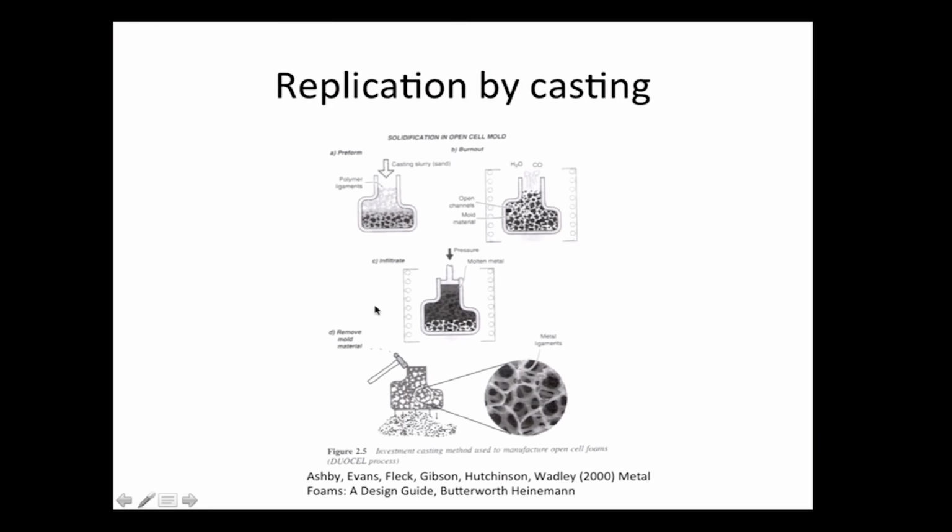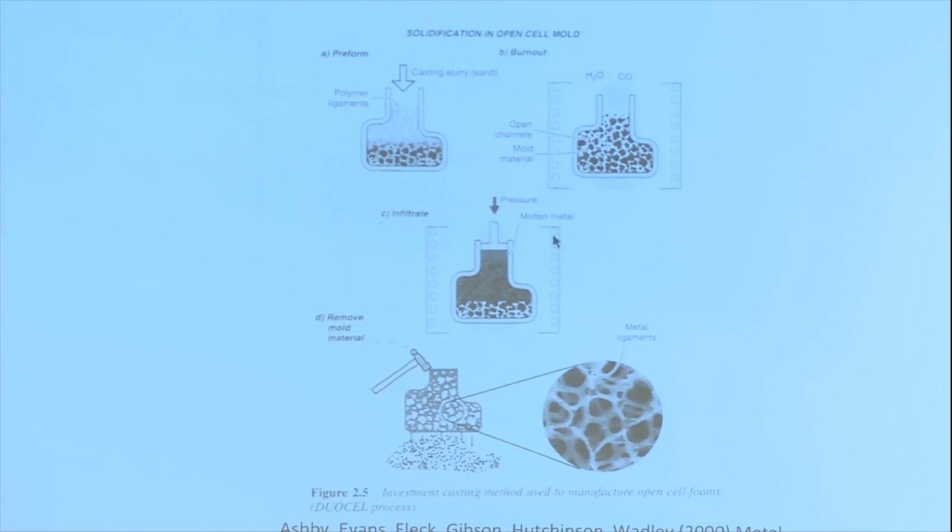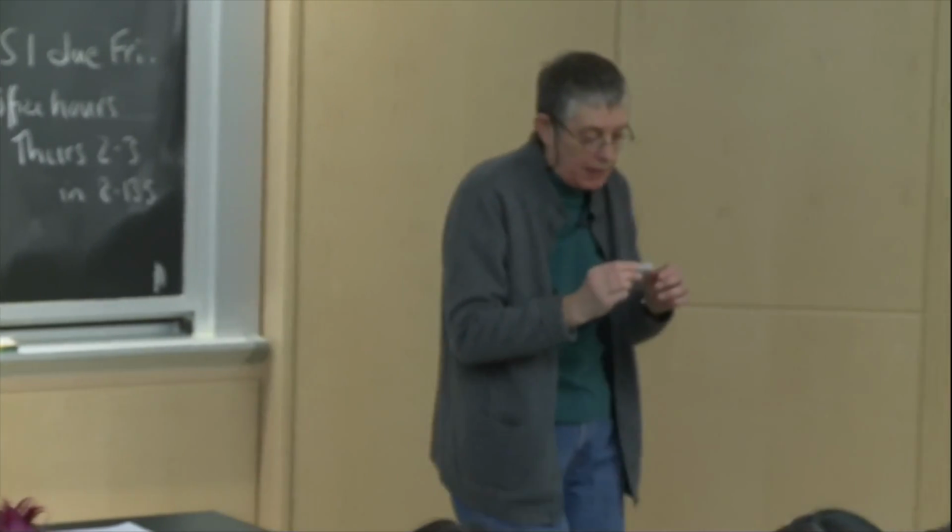So you replicate the polymer foam structure. This is the infiltration process here. This little thing here is your furnace. And then you get rid of the sand, and then you're left with a metal replica of the original polymer foam.